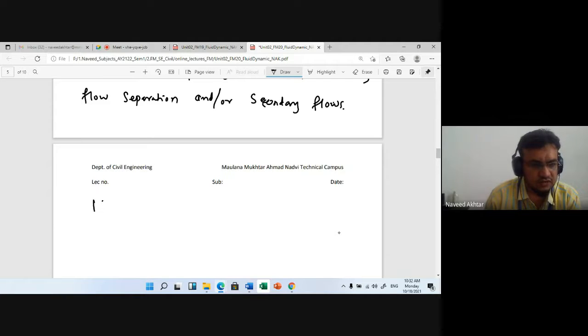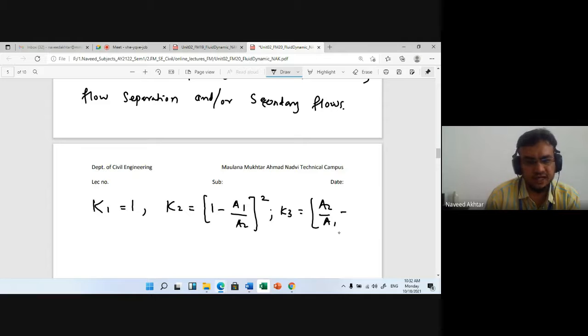So local losses, if you consider that K1 is equal to 1 at the start, K2 is equal to 1 minus A1 upon A2 whole square, and K3 is equal to A2 upon A1 minus 1 whole square.